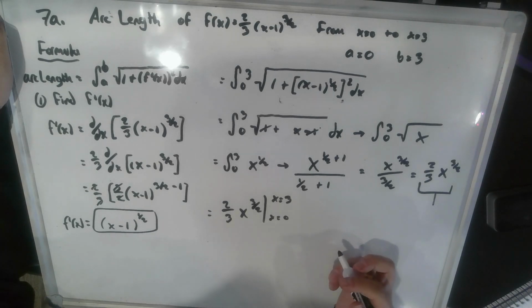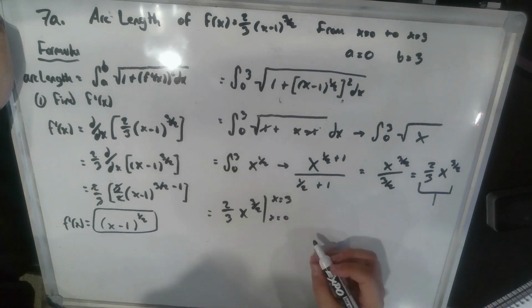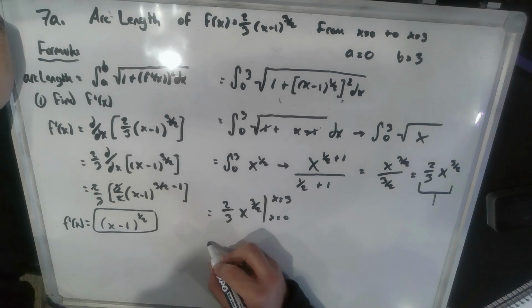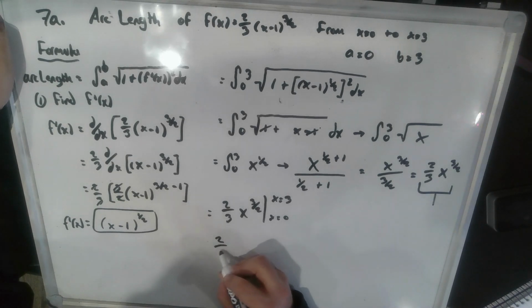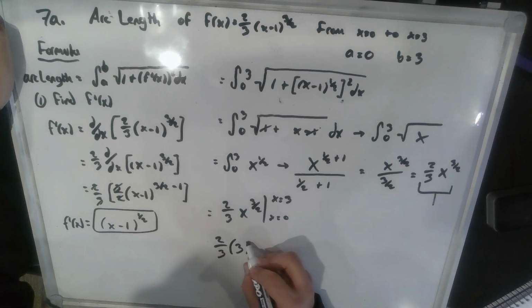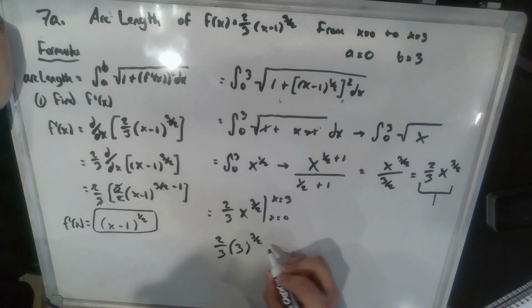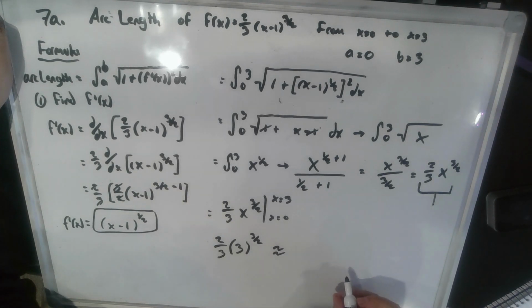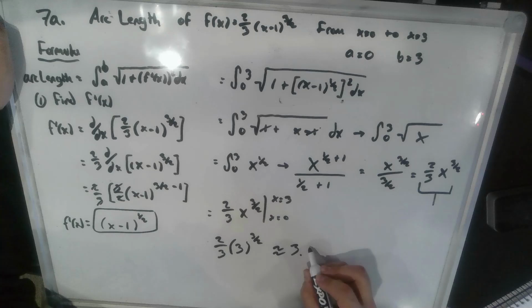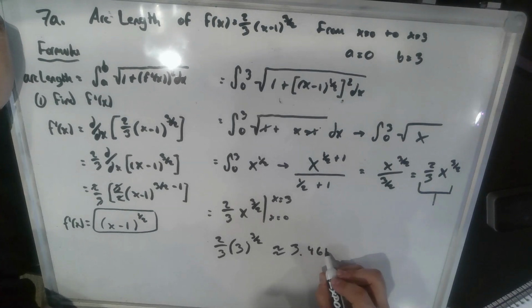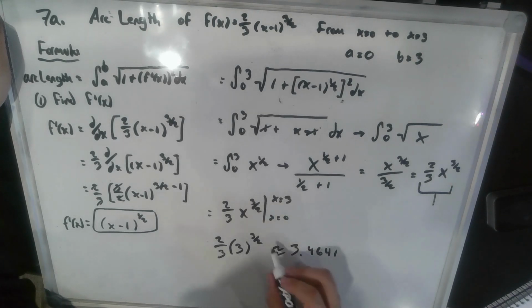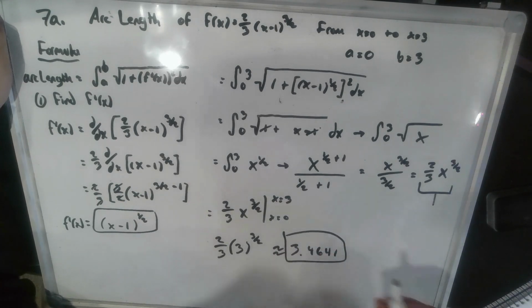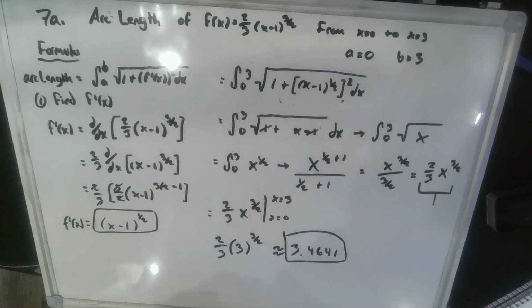So we just need to worry about x equals 3. So when you plug this into a calculator, 2 over 3 times 3 raised to the 3/2, this roughly equals 3.4641. This would be the final answer for the arc length.